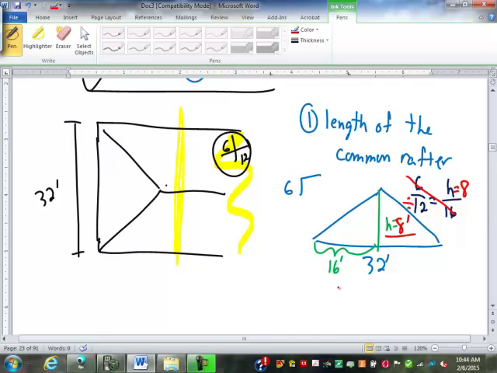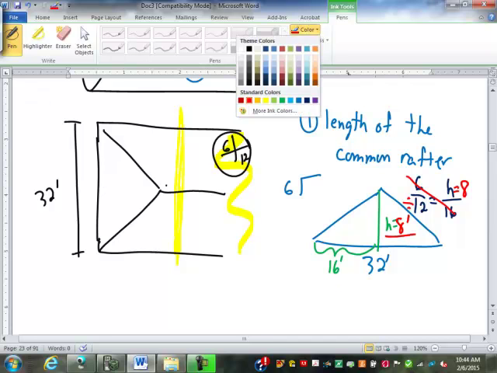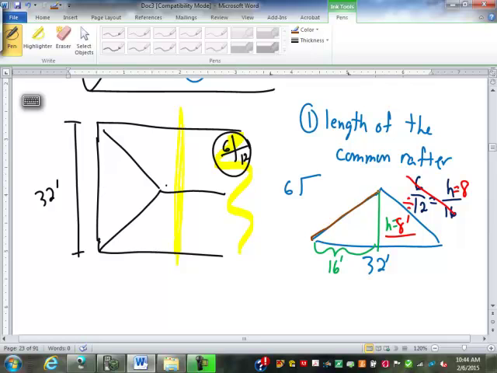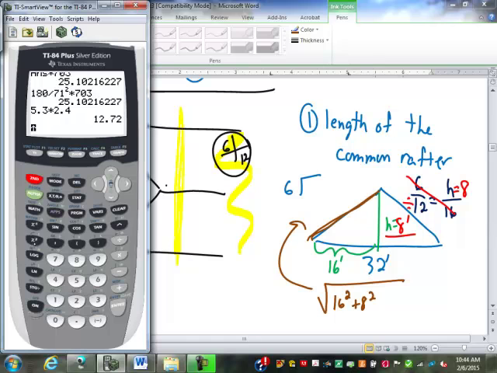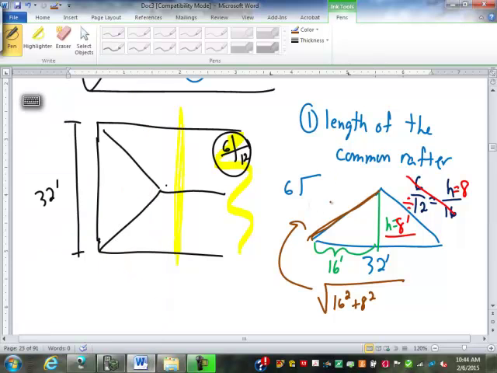Now that we have the height, we can find the length of the common rafter here. Note that right now we are ignoring overhangs. So no overhangs at this point. So that length there is going to be the square root of 16 squared plus 8 squared, which is 17.888, or 17.89 feet we're going to go.